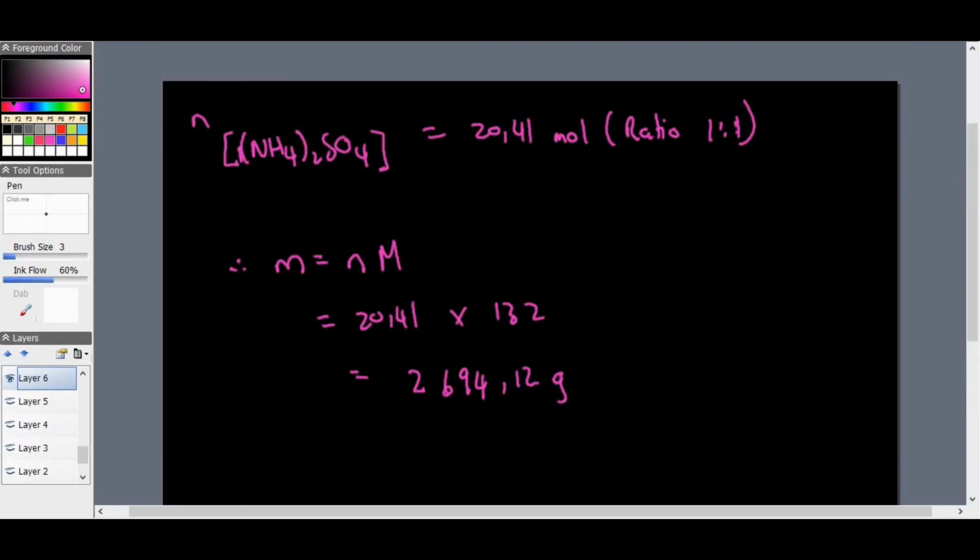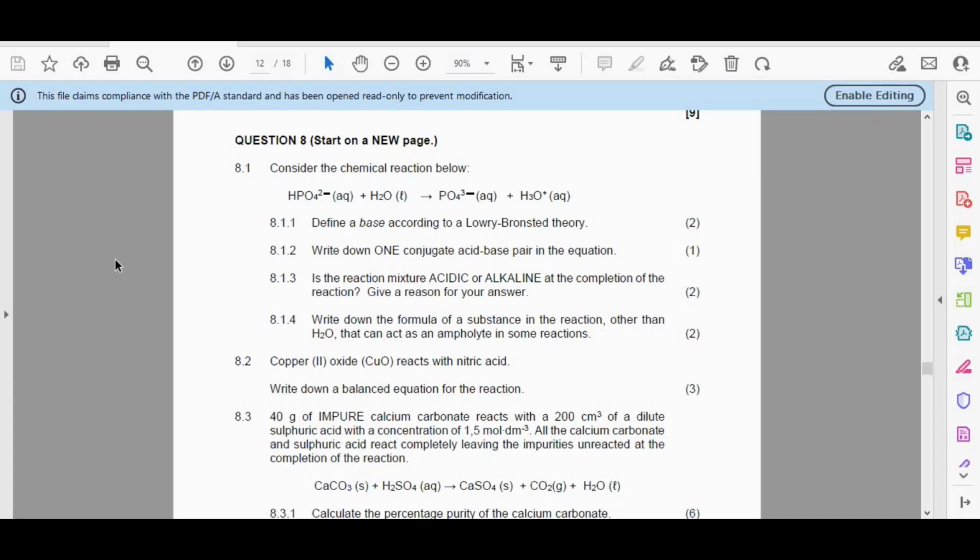Pretty basic, pretty simple. So question 8 is the acid and base question, especially in this paper. It usually is around question 7 or 8. And here we got a chemical reaction: HPO4 2- plus water gives us PO4 3- plus hydronium, all in aqueous solution except water, which is a liquid.